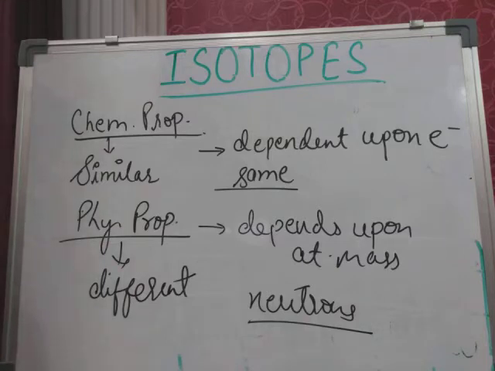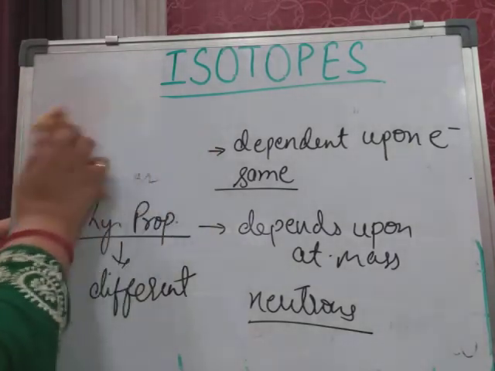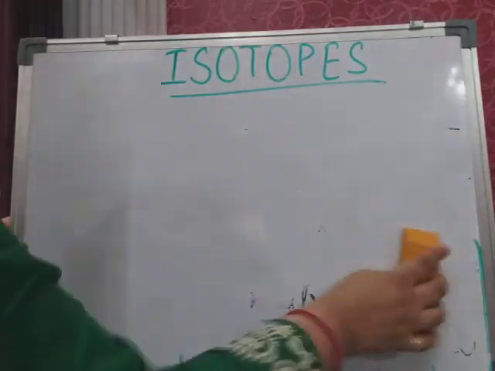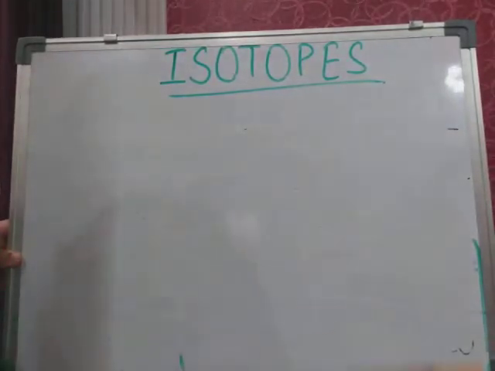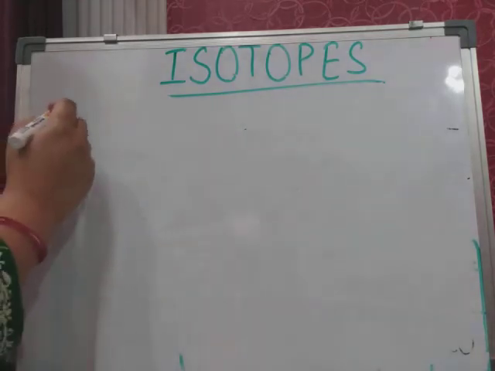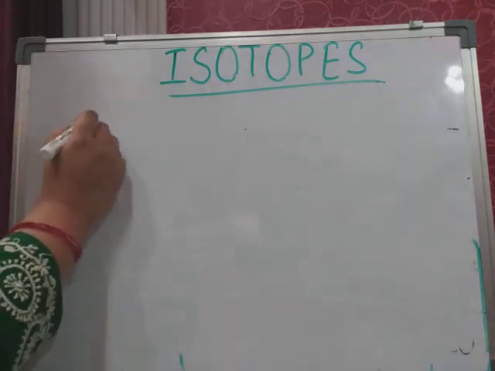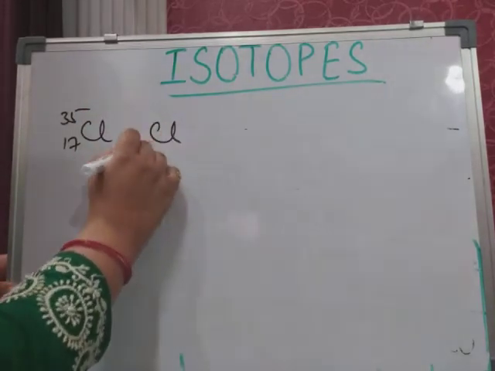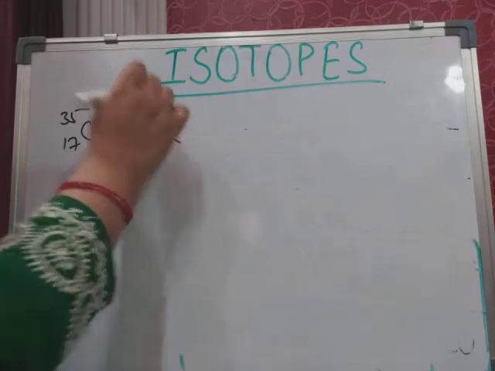Suppose we take the example of chlorine only, to calculate the average atomic mass. How do we calculate the average atomic mass? Chlorine has two isotopes, we know that. Suppose the first isotope is written as chlorine 35 and the second one is chlorine 37.